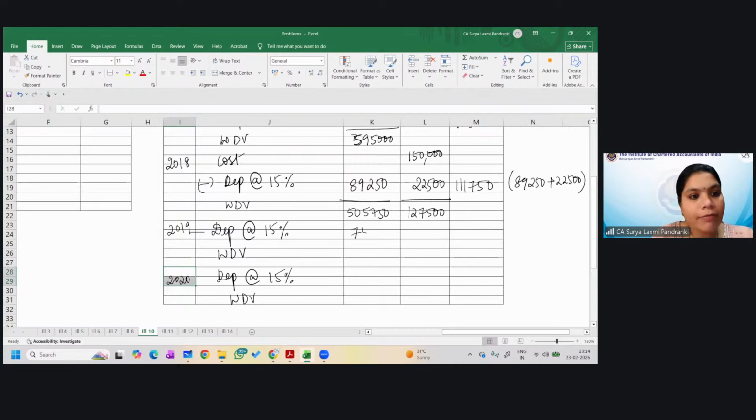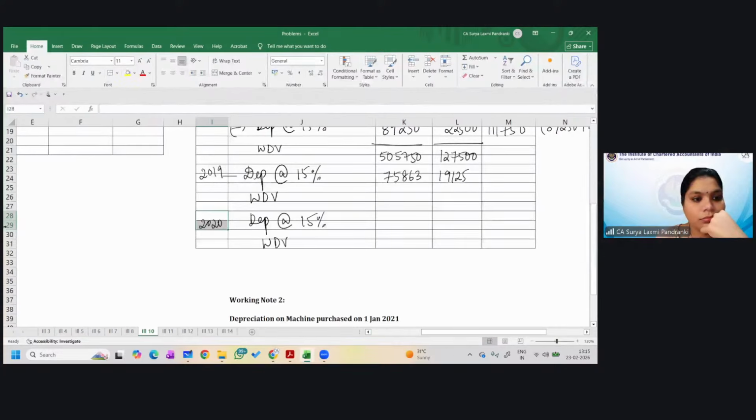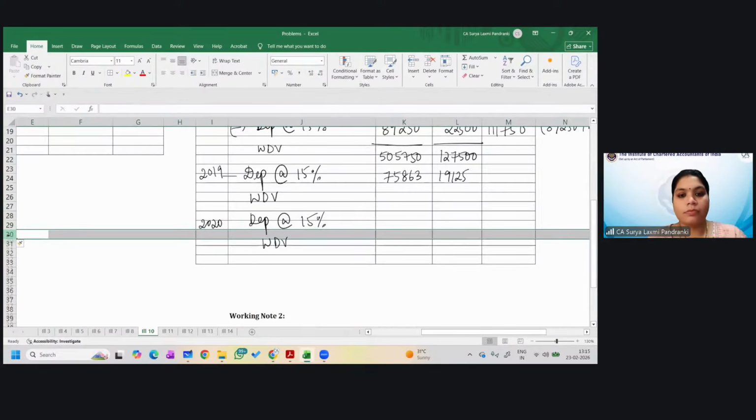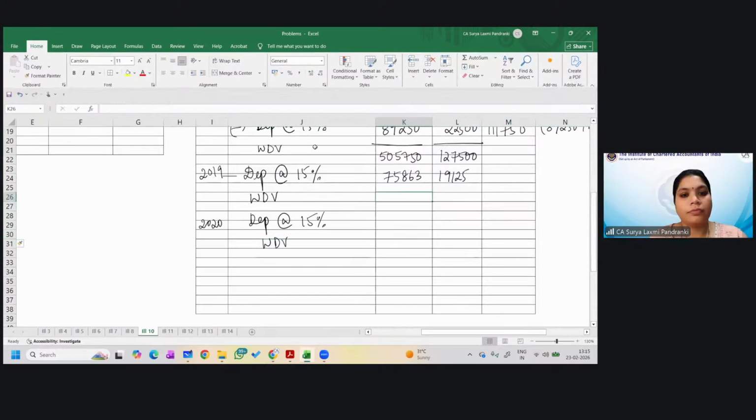Machine 1 was 75,863. Machine 2 is 19,125. And WDV is 4,29,887 and 1,08,375.